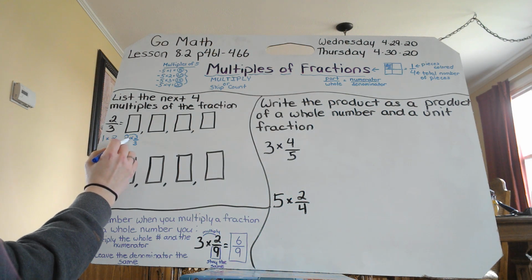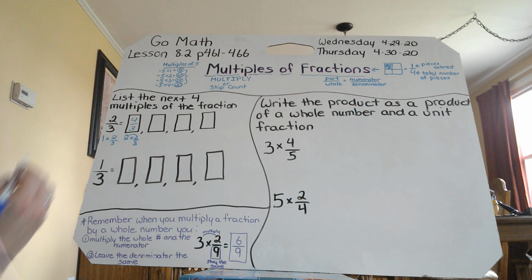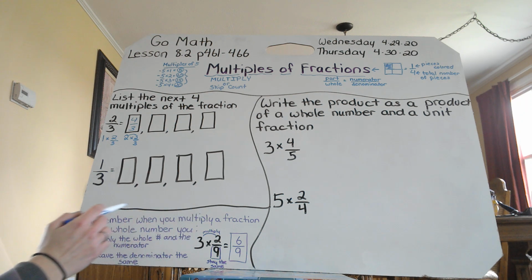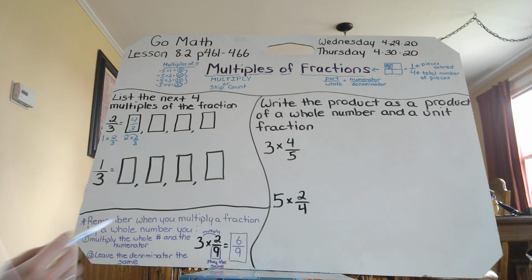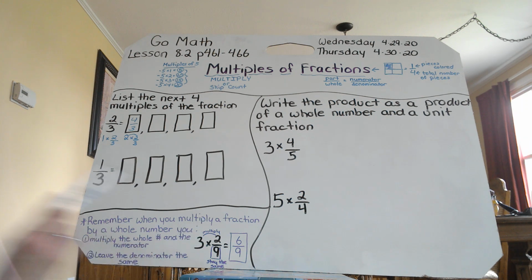So in this case I have 2 times 2, which is 4, and I leave my denominator the same, so it's 4/3. Those steps are right here for those of you that are just learning this for the first time. And again, you multiply your whole number by your numerator and you leave your denominator the same. It's a very simple process.